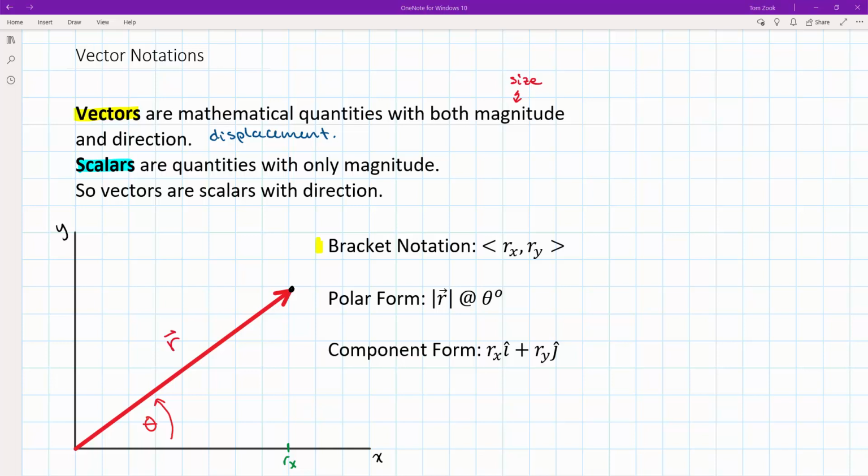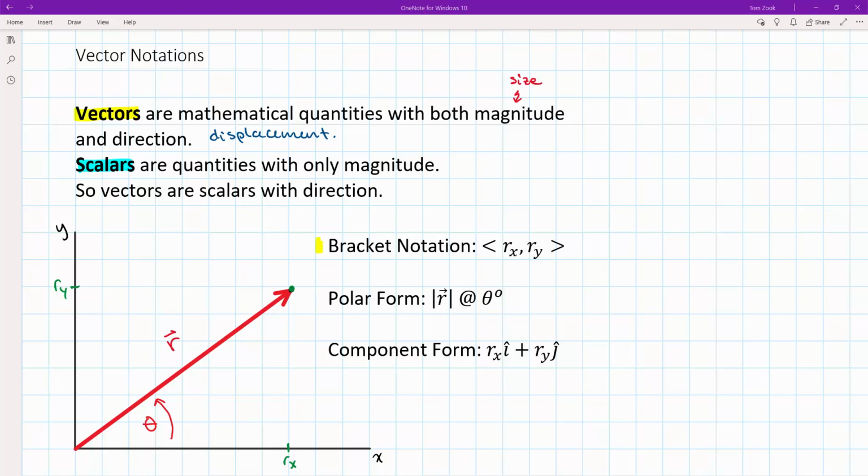And I can say right here is r sub y, the y component of my vector. And those do tell me the location of the end of the vector, but I have to draw the vector from the origin over. So that red arrow that I have represents a measured quantity in a specific direction. And we have the direction noted with the Greek letter theta there.